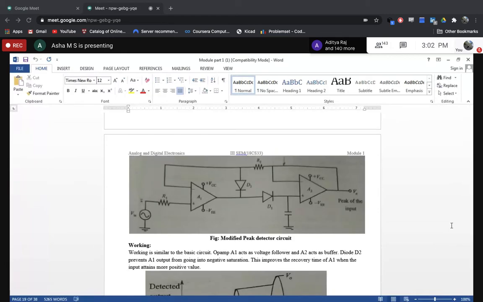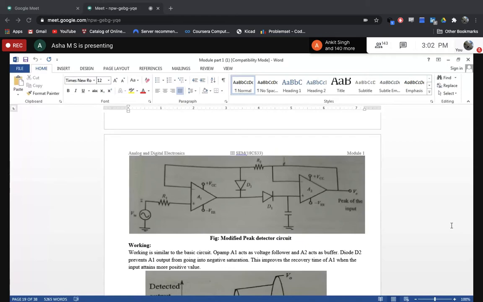So what is happening in this modified peak detector circuit is that we are going to connect a voltage follower. One op amp, A1, is added as an extra op amp. This acts as a voltage follower. So whatever V in you are applying, the same thing comes out from this A1 amplifier, and that is given to D1.